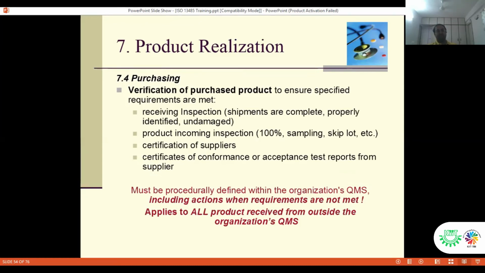The product which you are receiving should be properly identified and undamaged, and you are doing sampling and carrying out incoming raw material inspections as per your specifications. Only then are you going to get your raw material entry into your system. If any other step is not fulfilled, you are not able to make the entry into your system.